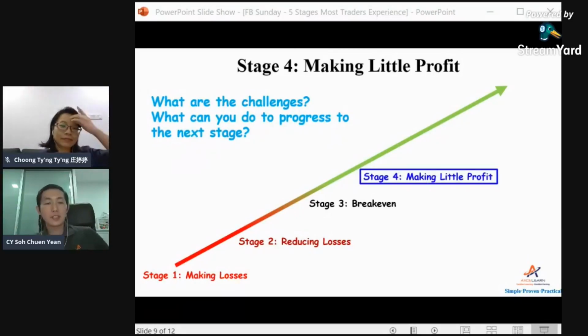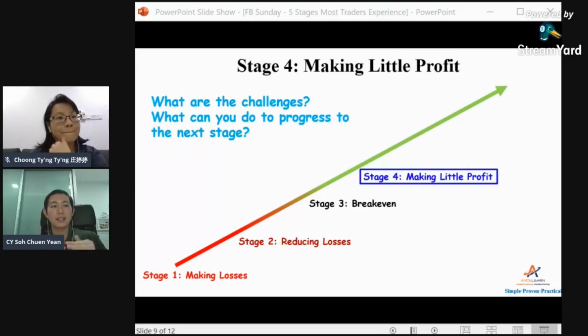The challenge here is that most traders have already got some good trading strategies in stage 4. Their challenge is that they don't know what they do best and what they should eliminate. I repeat, they don't know what they do best and what they should eliminate. Which means they should do more of what works and less of what doesn't work.